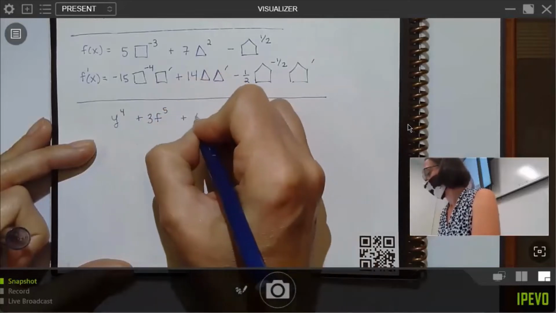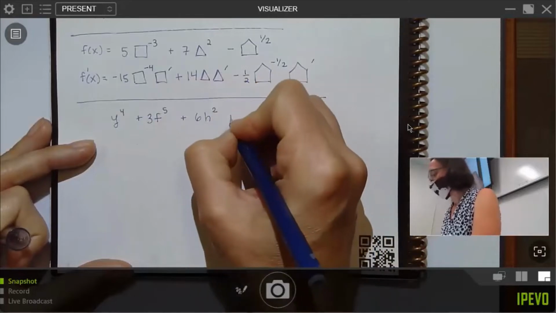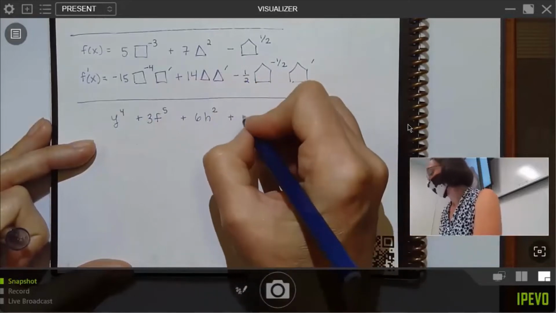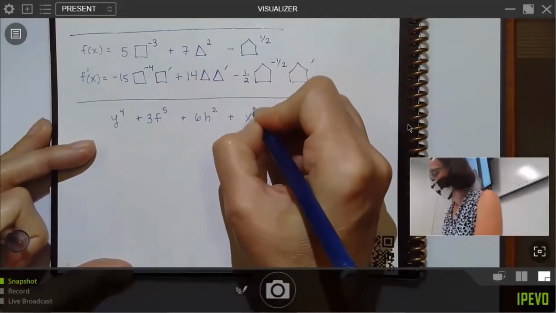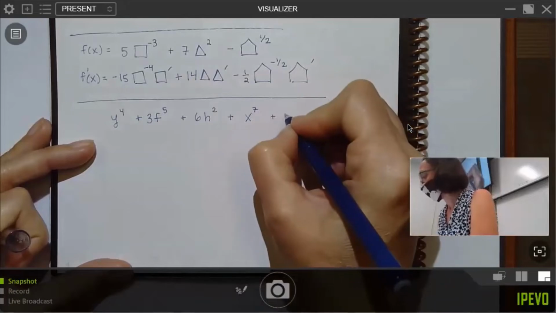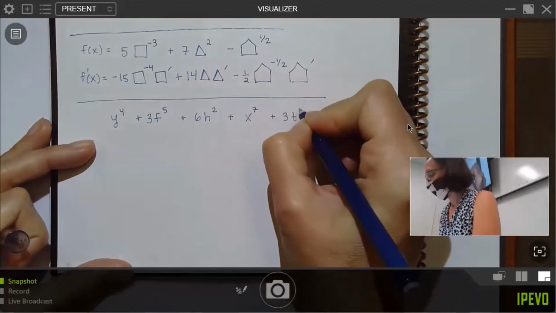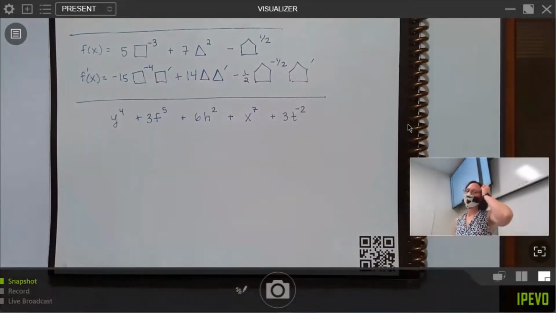Another ugly function, let's make that h squared. Another, let's call it x to the 7th. One more ugly function, let's call it t, so 3t to the negative 2. It's no different than if I had shapes up there.